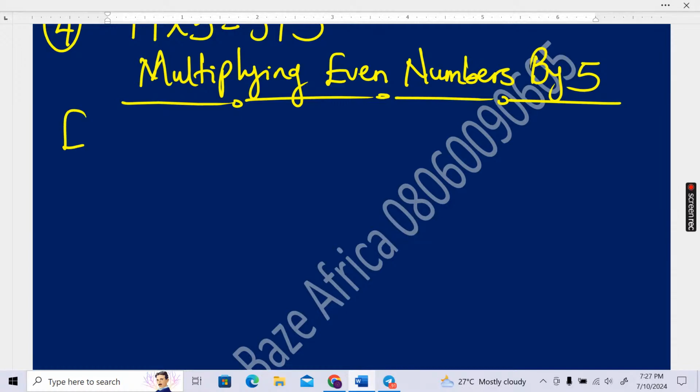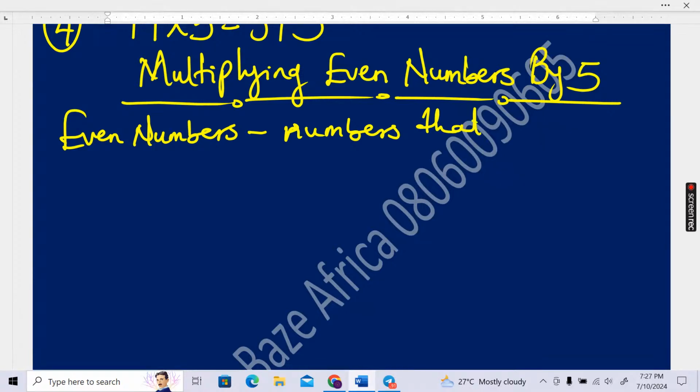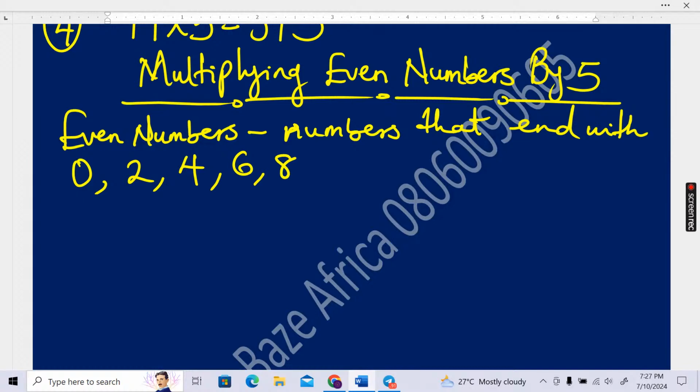Now, what are even numbers? Even numbers are numbers that end with either 0 or 2 or 4 or 6 or 8.